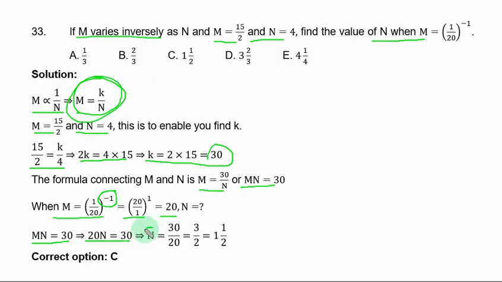To get N, divide both sides by 20, you have this result, which simplifies to this. And when you express as a mixed fraction, you have 1 whole number 1 over 2. The correct option is C.